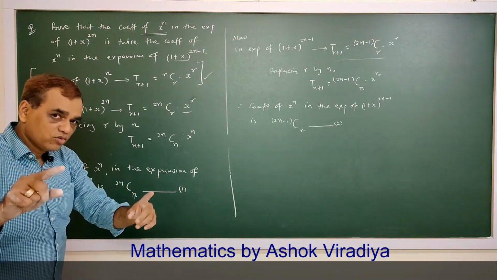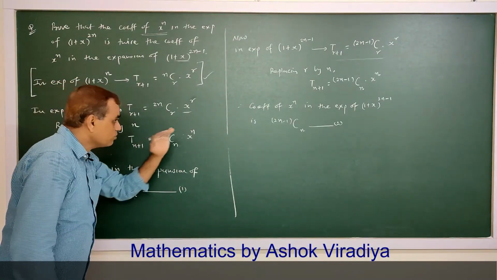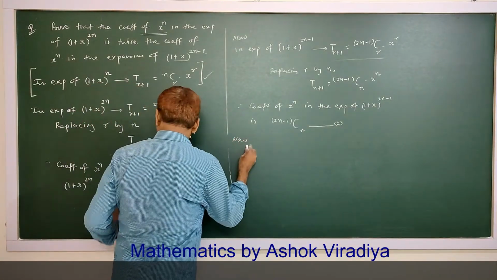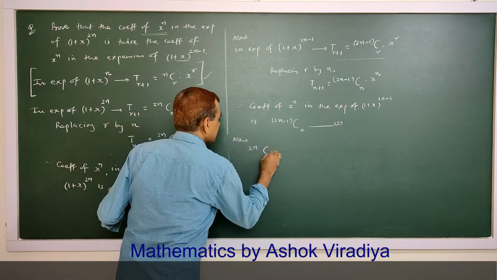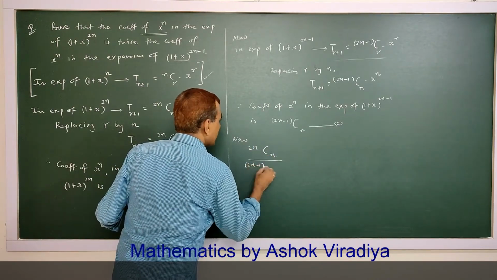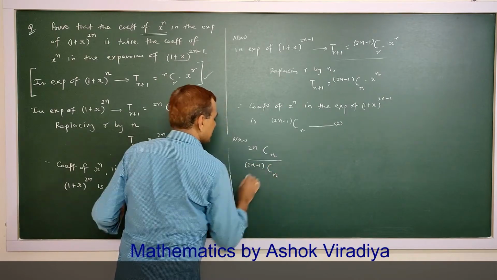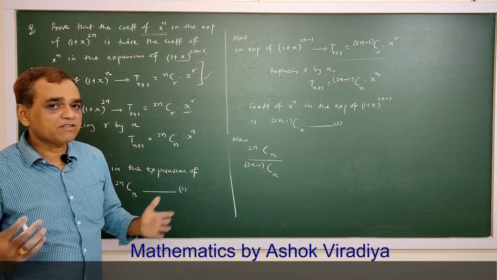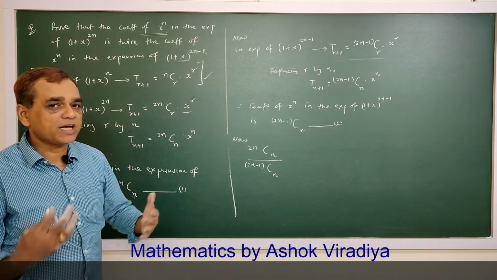So what do we do? We take the ratio of these two numbers. Taking the ratio, we can get a relation of how many times one number is the other.